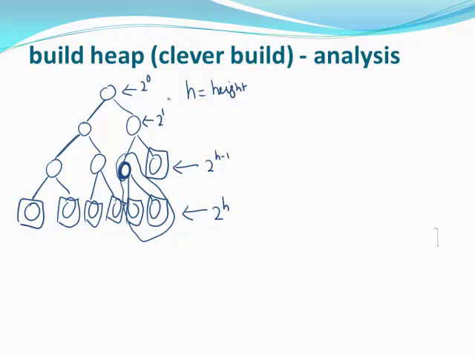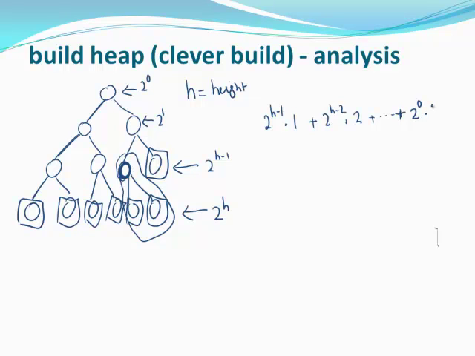So when you think of the number of operations that we'll be doing, we take these 2 to the h minus 1 nodes, we bring them a maximum of 1 level down. So it's going to be 2 to the h minus 1 times 1. And then if you take the 2 to the h minus 2 nodes, we bring them a maximum of 2 levels down each node, and so on. So for the final node, we only have 2 to the 0 nodes at the first level.